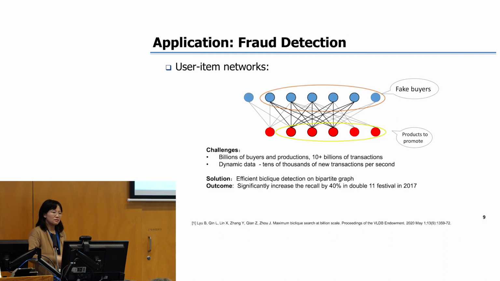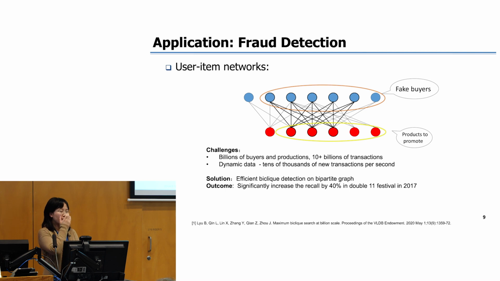And as I just introduced, what are the challenges? The challenge here is we have buyers and products at the scale of billions. The data size itself is at billion scale, and the number of edges is even larger, because one user purchases more than one product. And the data is highly dynamic.